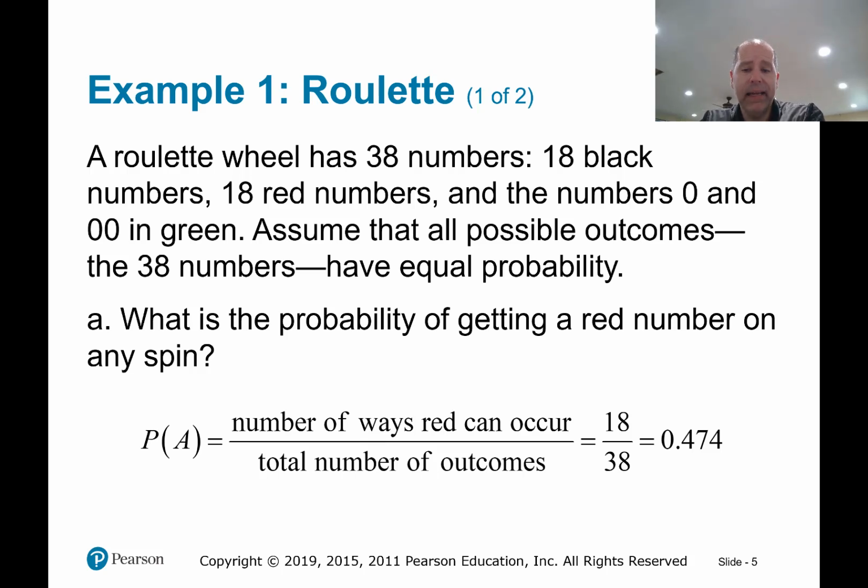So we could say the probability of getting a red on any one spin of the roulette wheel is 0.474. But another way of saying it is that approximately 47.4% of all spins will result in red.